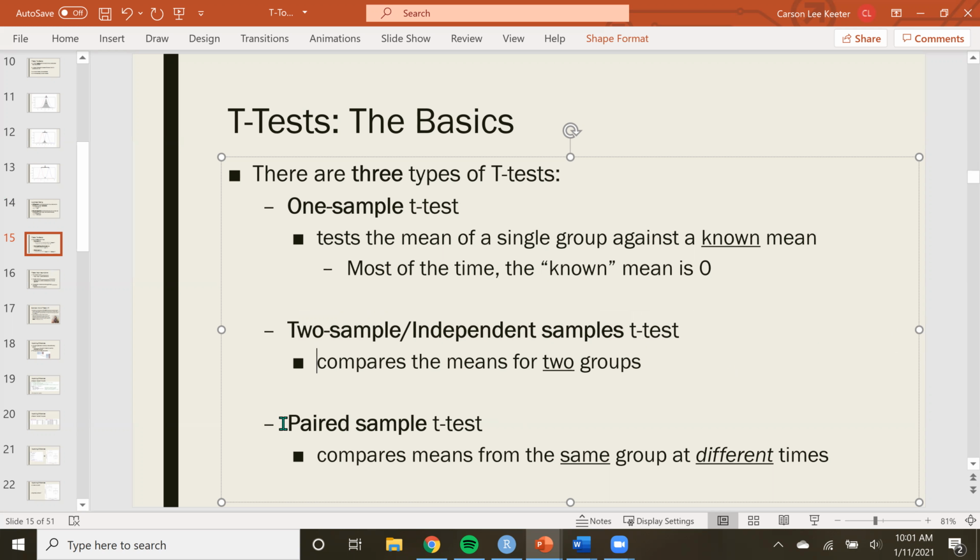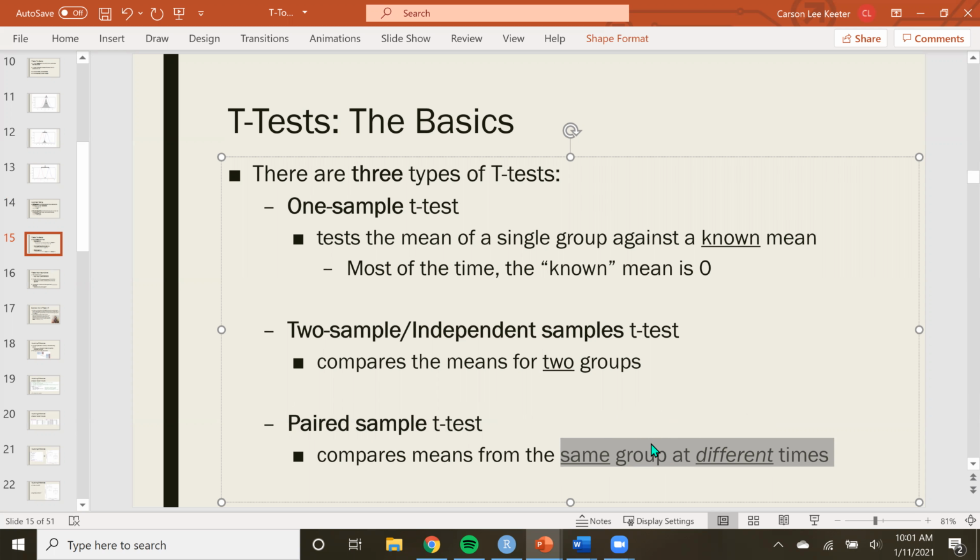Then we also have a paired sample t-test, or a paired t-test. And that has a kind of time component. That's essentially when we compare the mean of two groups, but it's the same people at different times, or the same plots of land at different times.